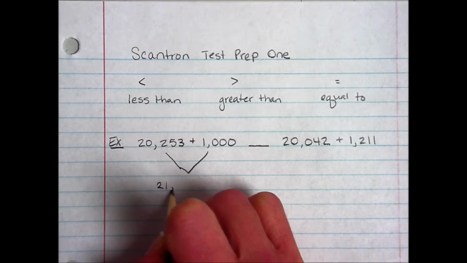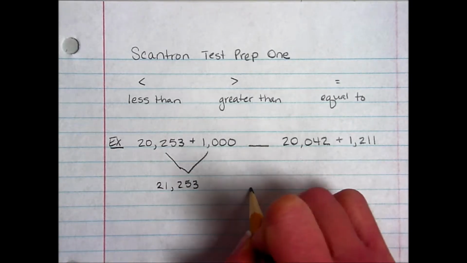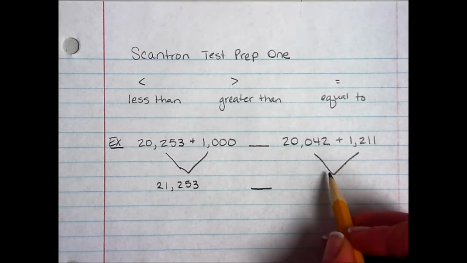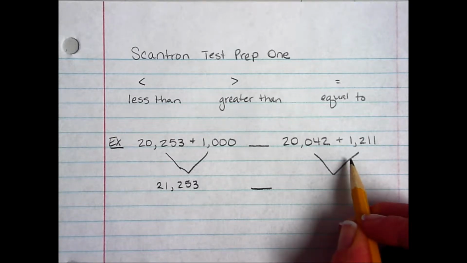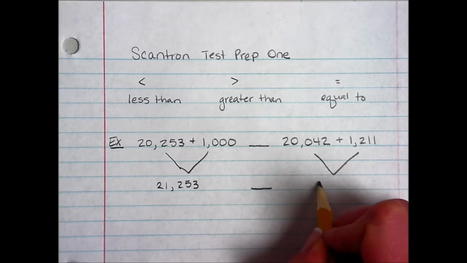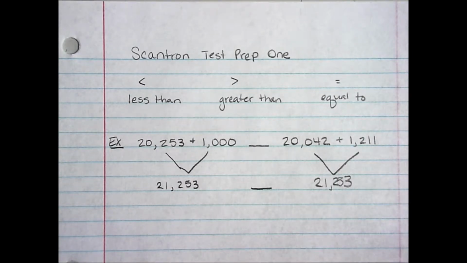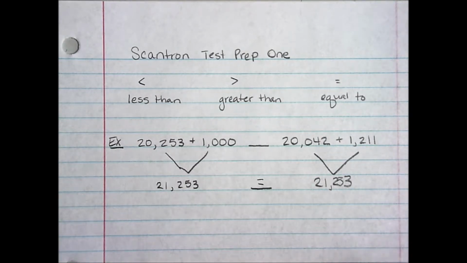So 21,253 will be compared to 20,042 plus 1,211 gives us 21,253. All right, so then we see that our numbers are equal to.